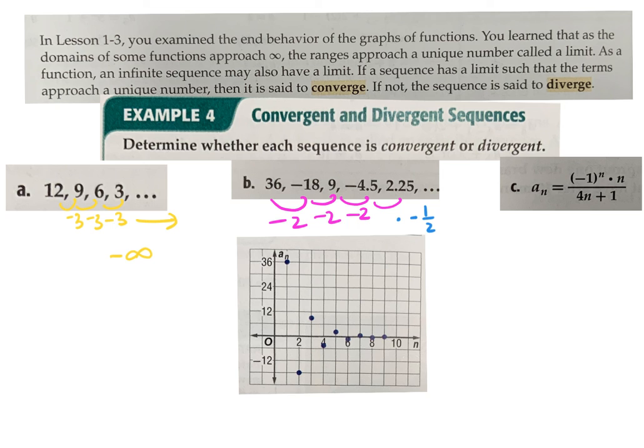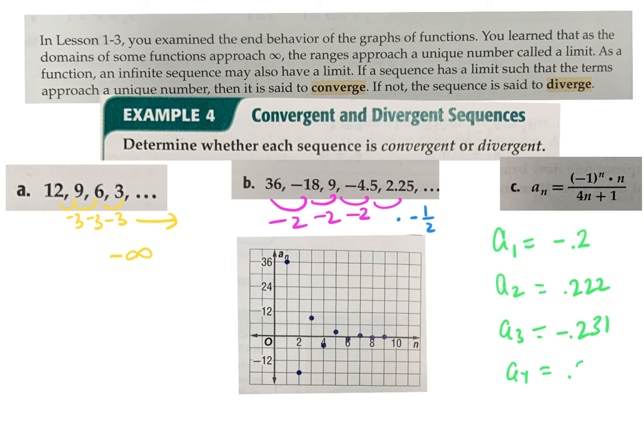Let's look at this last one. So this last one's a little bit different. If I were to plug in some numbers, and they've given it for us, we have a sub 1, right? And they told us that that is -0.2. A sub 2. If I went to a sub 3, I would get -0.231. And they go back and forth.